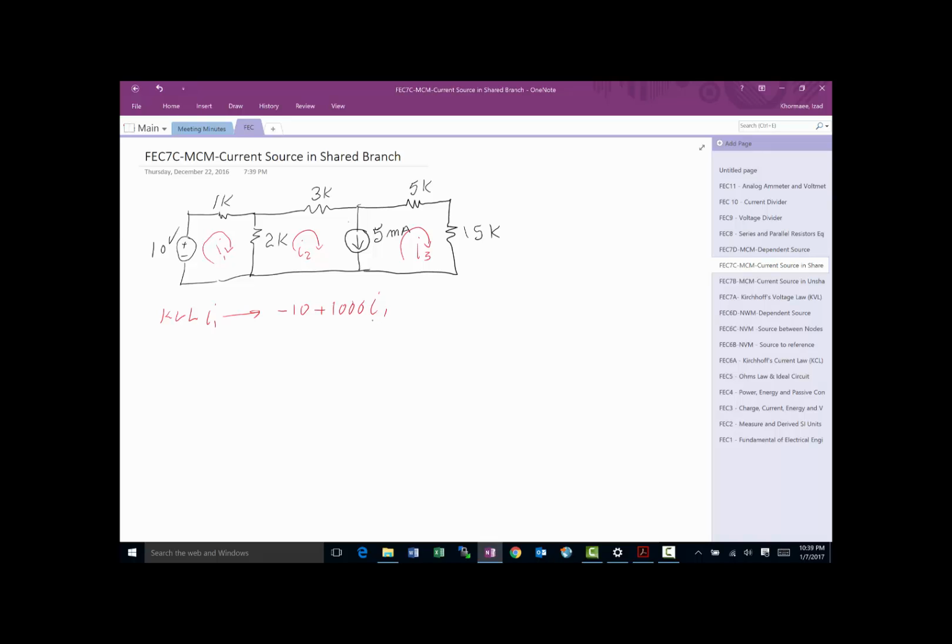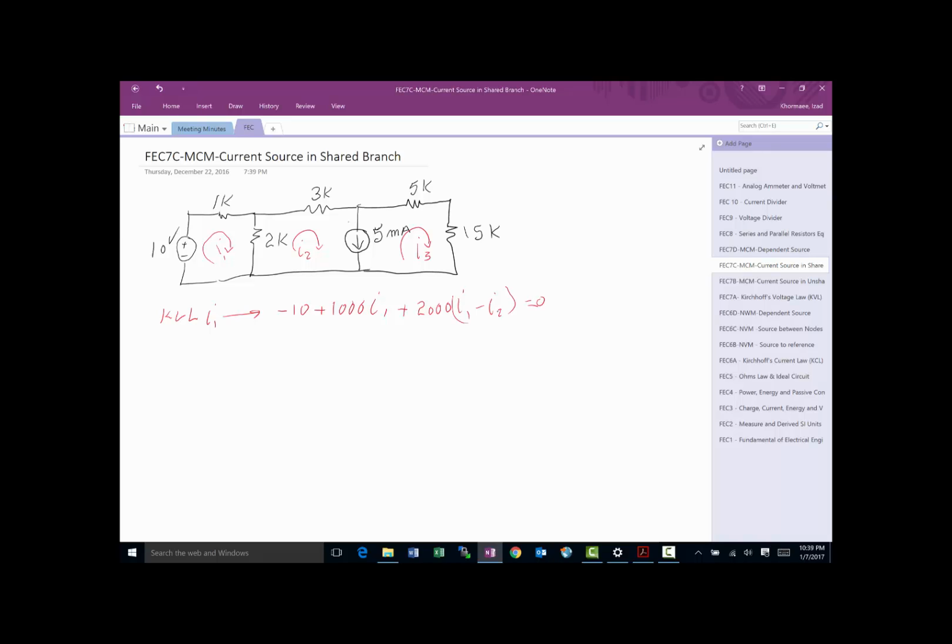Again, we're going to make everything be in ohms, volts, and amps just to make sure we don't miss decimal points. So in this case it's a 1K, therefore it's 1000 I1 plus 2000 times I1 minus I2, and that whole thing is equal to 0.